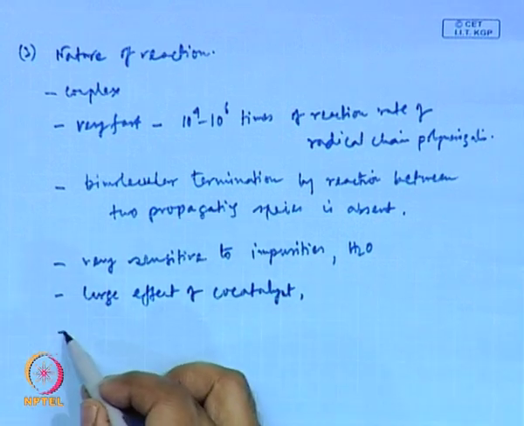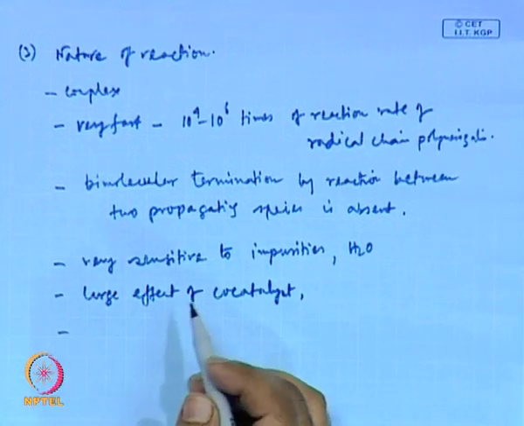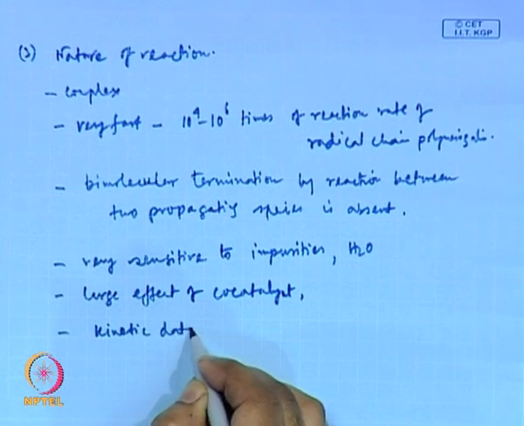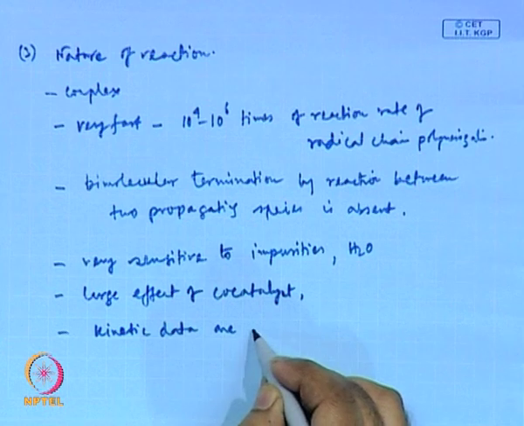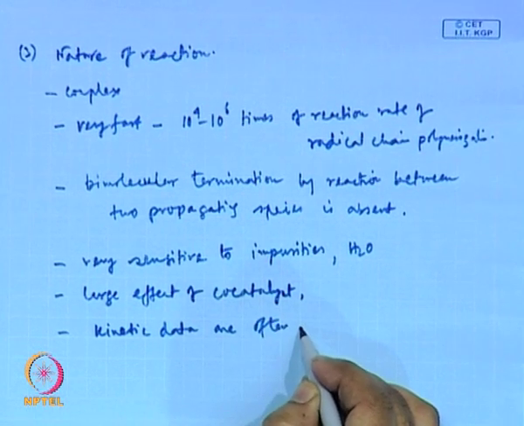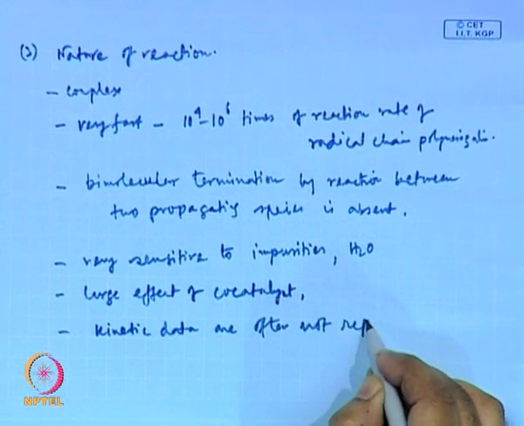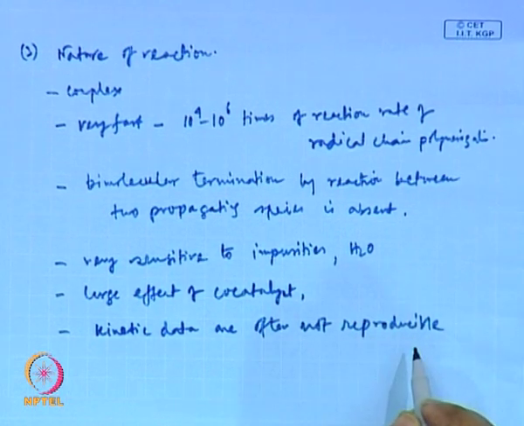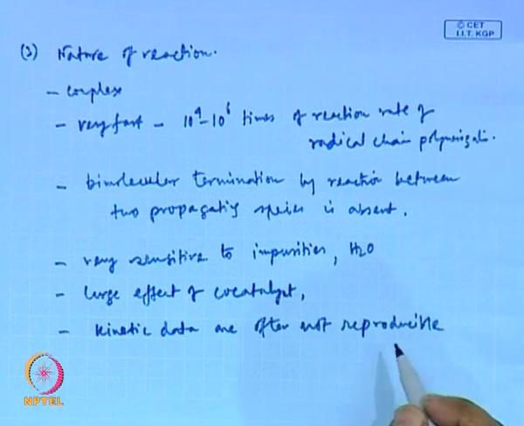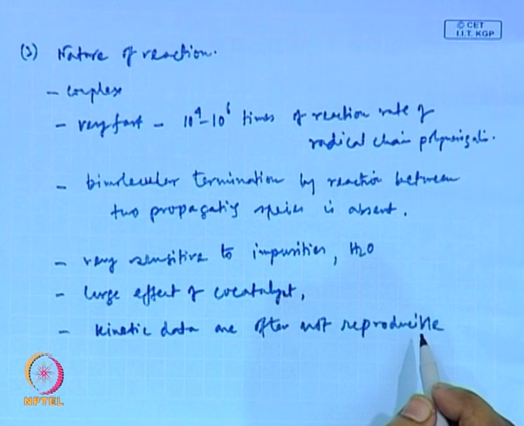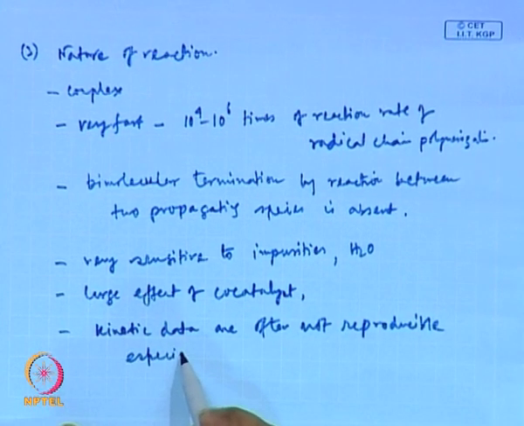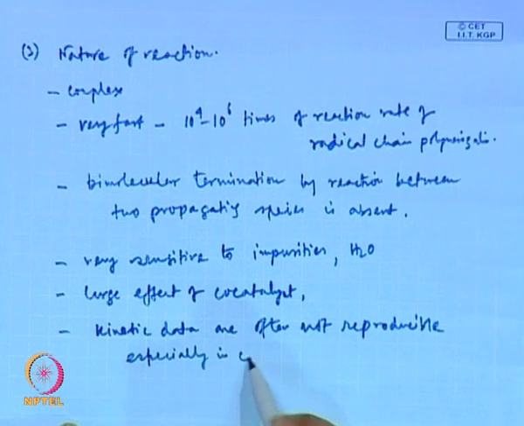And as the reaction is very fast and complex, the kinetic data are often not reproducible, especially in case of cationic polymerization.